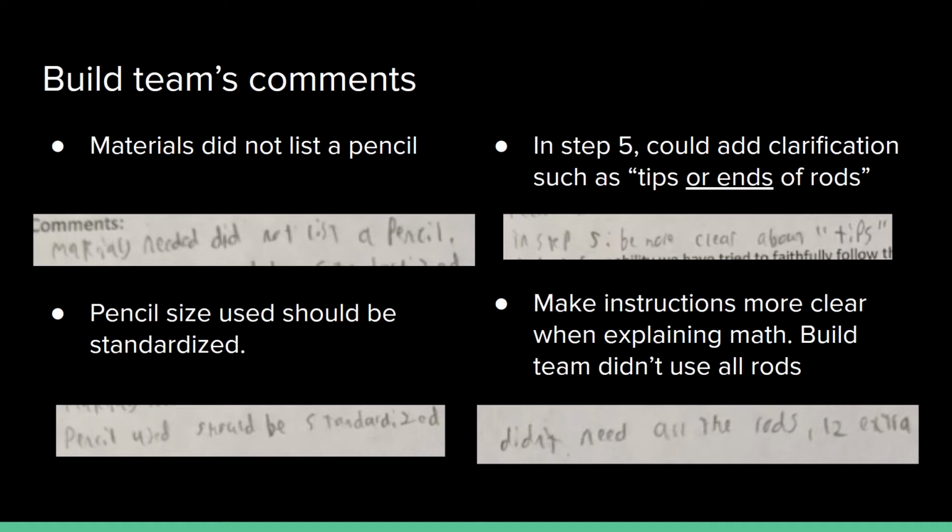In step 5, they said that we should clarify what we meant by tips. I think we could maybe add the extra wording of ends there to point at what we meant with tips of the rods. And then the last thing that they said was to make instructions more clear when explaining the math. They said they didn't need all the rods. They had 12 extra, where we definitely should have used all 30, so I think something needed to be changed there.